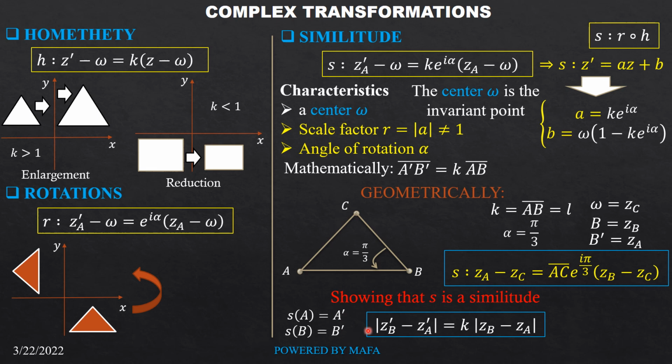S of B equal to B prime means that B and B prime satisfy. Simply, this is what we are supposed to show: the distance between the images is equal to k times the distance between the objects themselves as defined mathematically. So that is basically it about complex transformations.